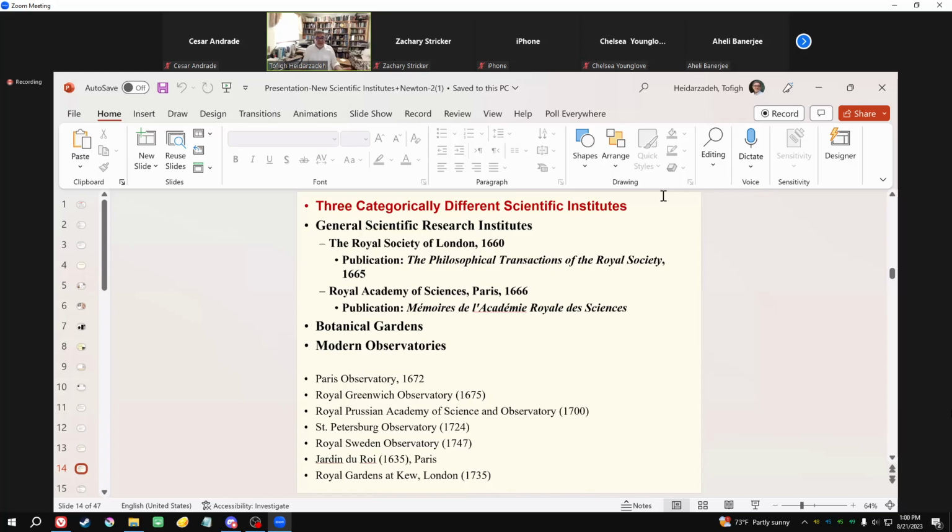The Prime Minister of Louis XIV, Colbert, believed that if we use science, we have more progress, more civic progress, and we can make the country more powerful.